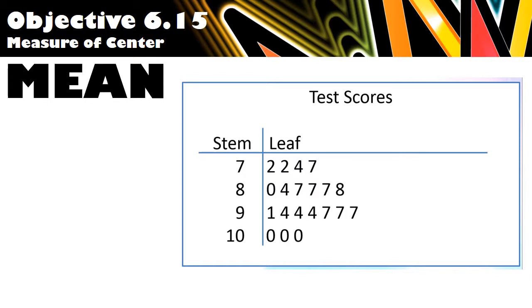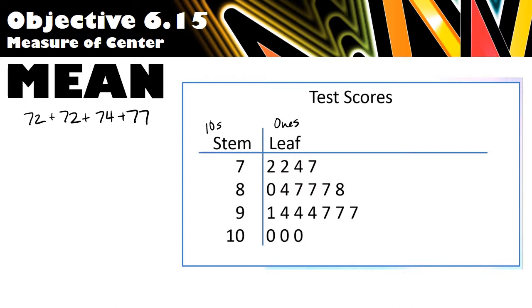In our stem and leaf plot, the stem represents the values that are in the tens place, and the leaf are values that are in the ones place. When we write out our data here, we have 72 plus 72 plus 74 plus 77.